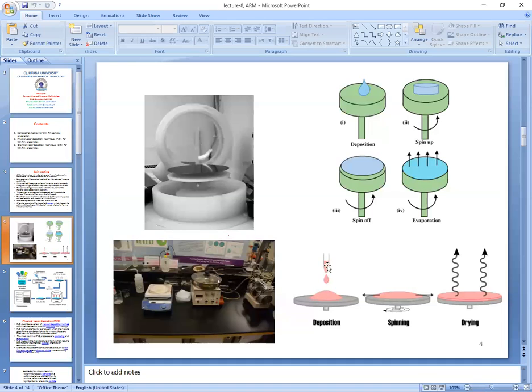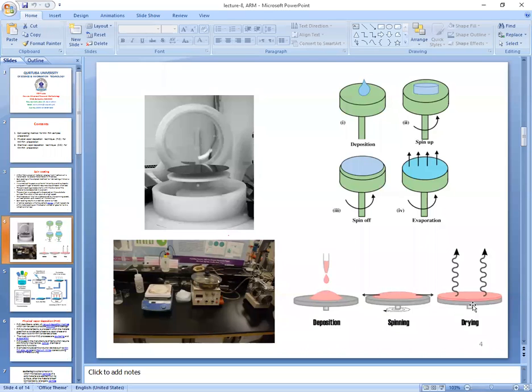This is another schematic diagram in which deposition is carried out in the form of drop casting, and then it is spun, and due to centrifugal forces acting on the liquid, it is spread over the substrate, and the spinning speed and the time of spinning determine the thickness of the film.